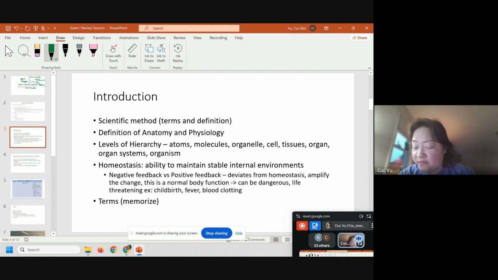It's meant to save you if you're bleeding, but it can also lead to clots that can cause you to die. Can giving birth kill you? Absolutely. The point is you need to push the child out, but at the same time, that could lead to death. So positive feedback tends to be life-threatening, but it is a regular process of the body.